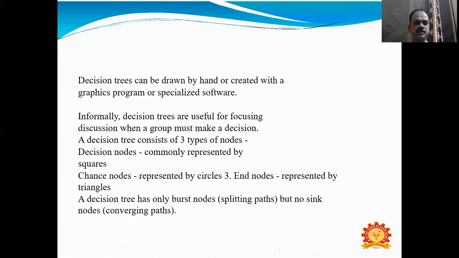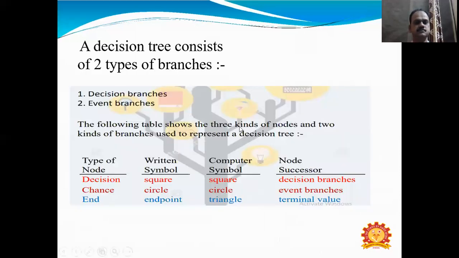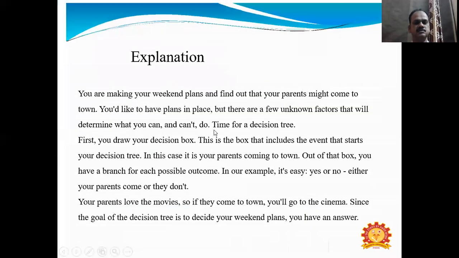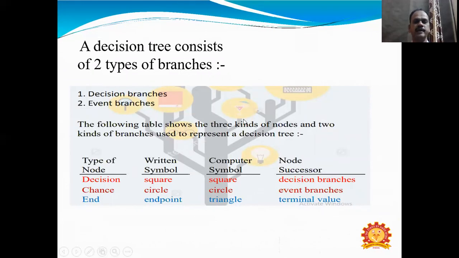The decision tree has only source nodes, that means splitting paths. Splitting paths means branches and edges, but no sink nodes, converging paths. So here mainly two categories of decision tree are given: decision branches and event branches.